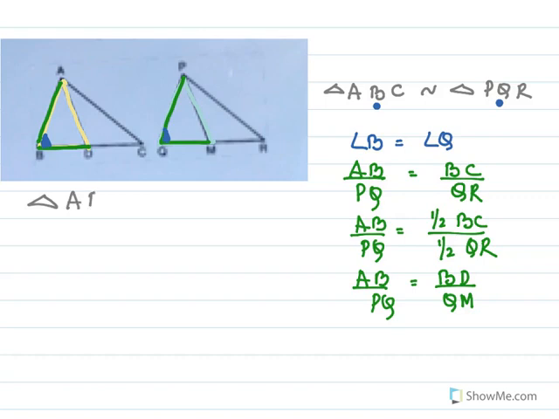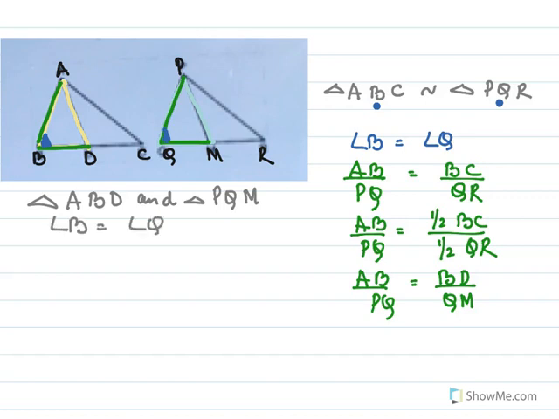So if I take up triangle ABD, and let me mark this properly, this is A, B, C and D, this is P, Q, M and R. Triangle ABD will be similar to triangle PQM, and the reason: B equal to Q, AB over PQ equal to BD over QM.